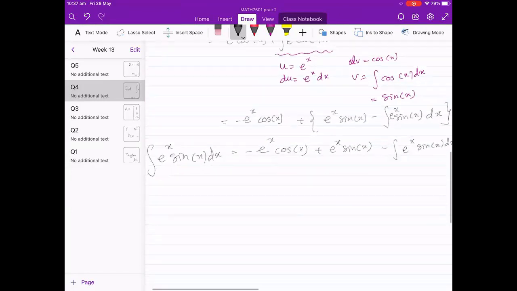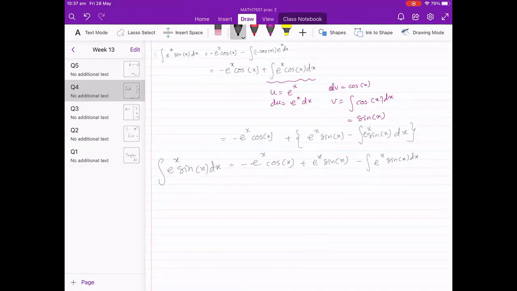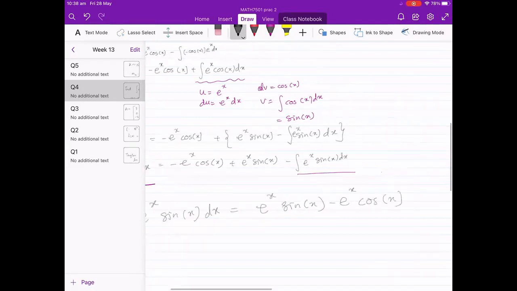Okay. How would we proceed? Yeah, so you recognize that that's the same. So what we are going to do is collect the like terms. That means 2 times the integral of e to the power x sin x dx is equal to e to the power x sin x minus e to the power x cos x.